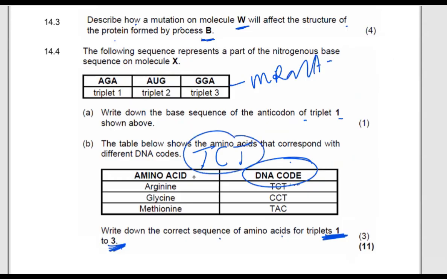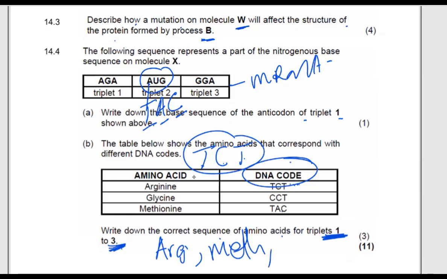So T, C, T is what? It is arginine. So the first amino acid I'm going to write is arginine. Then the second amino acid: U goes with A, and G goes with C. So it's going to be TAC, which is methionine.